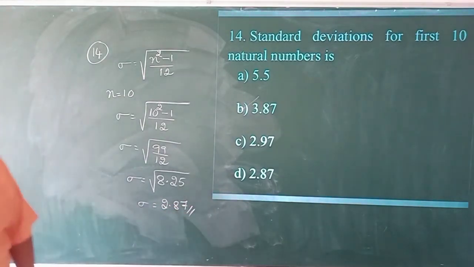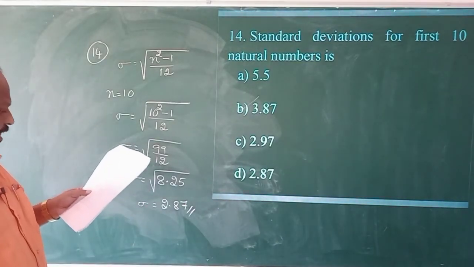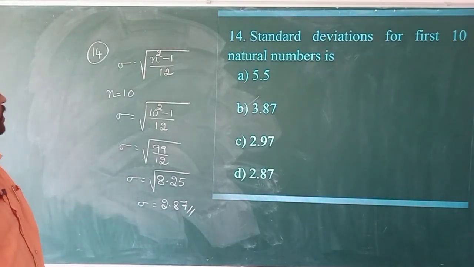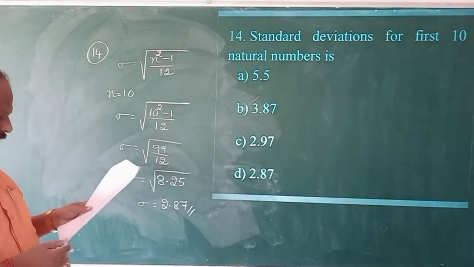Option D is the answer. The formula for the standard deviation of natural numbers is the square root of n square minus 1 divided by 12. Substitute n is equal to 10. Sigma is equal to the root of 10 square minus 1 divided by 12. So we will get 2.87. Option D is the answer.